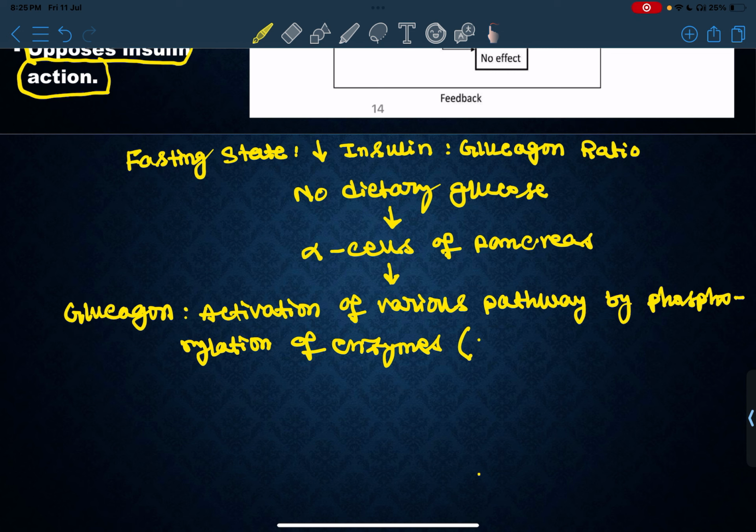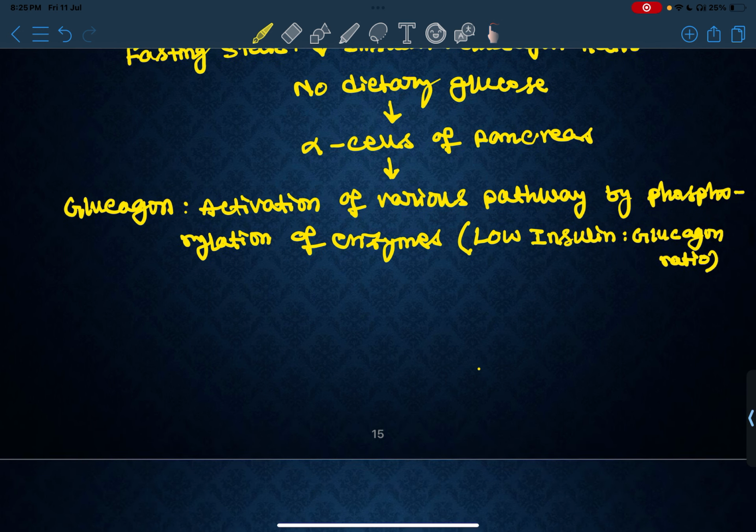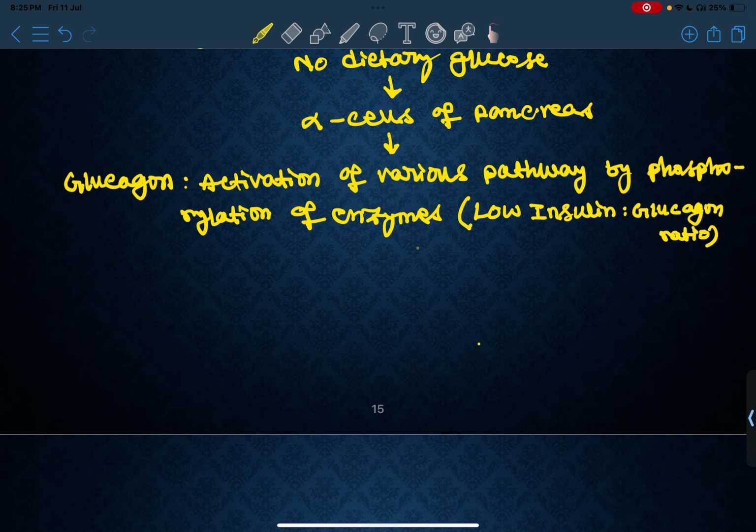When the insulin glucagon ratio is low, what will happen in this stage?